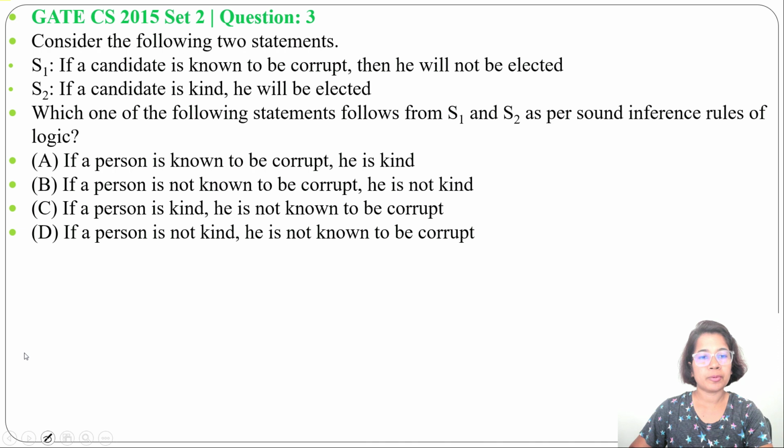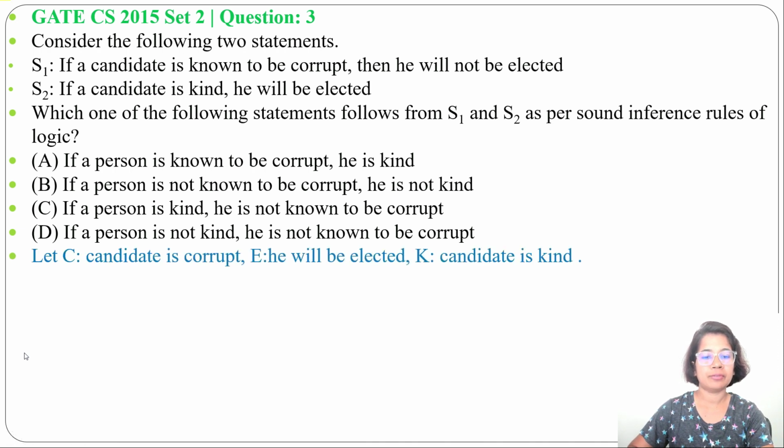Let me take some propositional variables: C for candidate is corrupt, E for he will be elected, and K for candidate is kind.